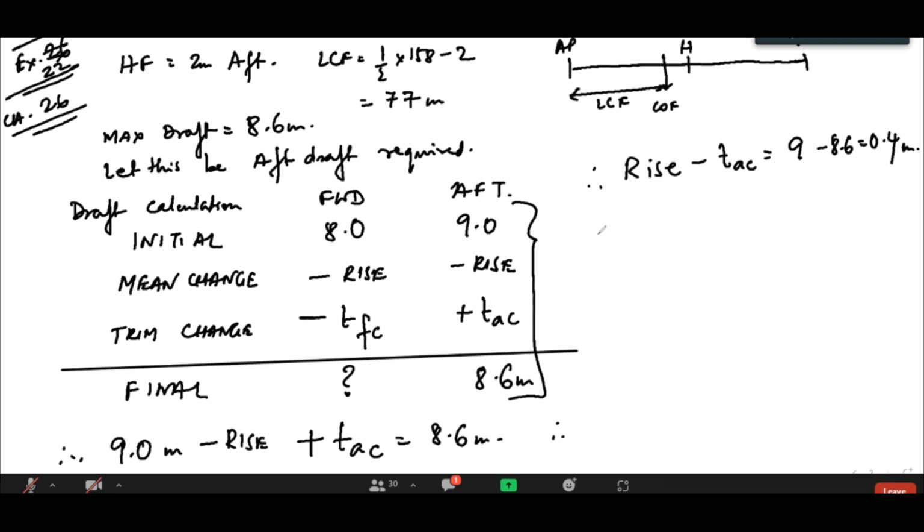Yeah. So if they want to discharge some cargo, so let cargo discharged be X tons. उसका DCF दिया हुआ है. HG is 40 meters aft.